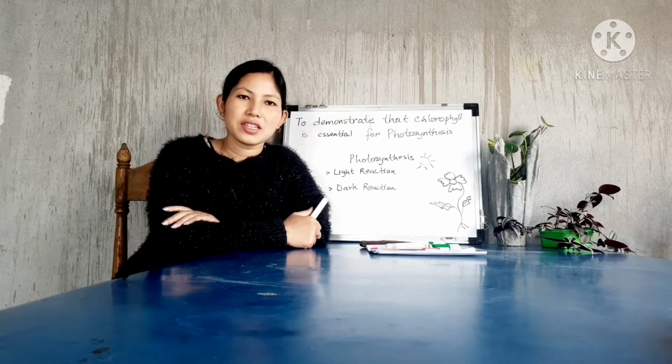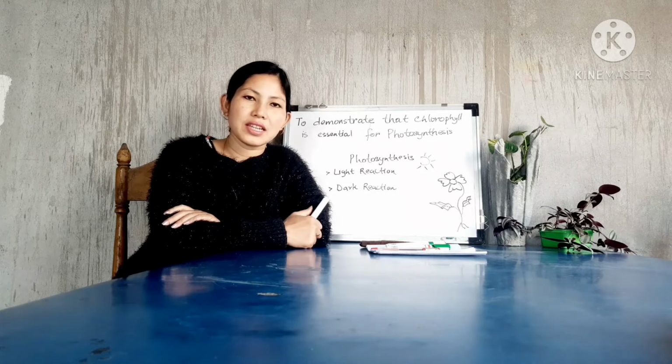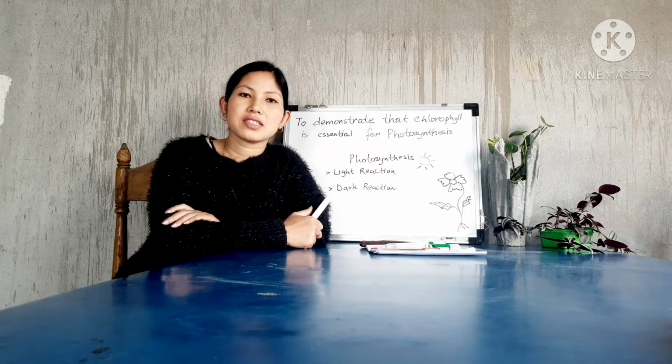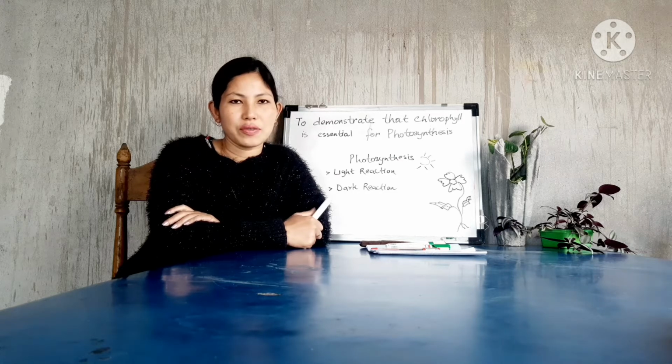So in this way photosynthesis is carried out in the green region of the plant, that is in the leaf. The leaf is the main site of photosynthesis, as it contains the chloroplast, which is one of the characteristic components of a plant cell, and this chloroplast contains the chlorophyll.